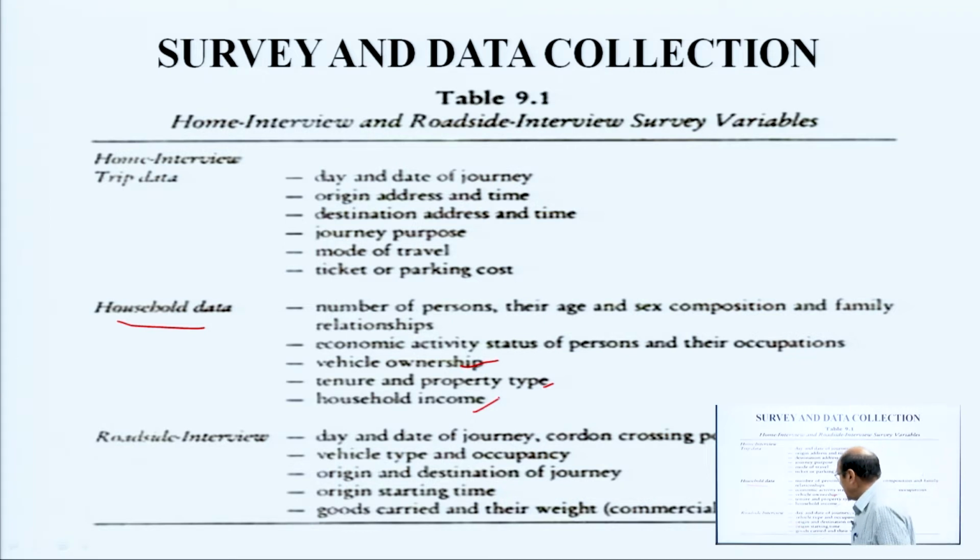The third one is roadside interview: day and date of journey, current crossing point, vehicle type and occupancy, origin and destination of the survey, starting time, goods carried and their weight, commercial vehicle. So, these are the data collected from both types of interview.